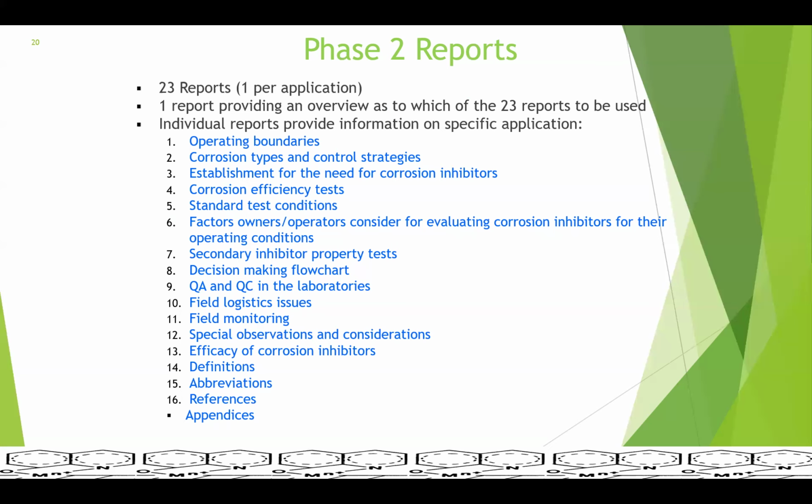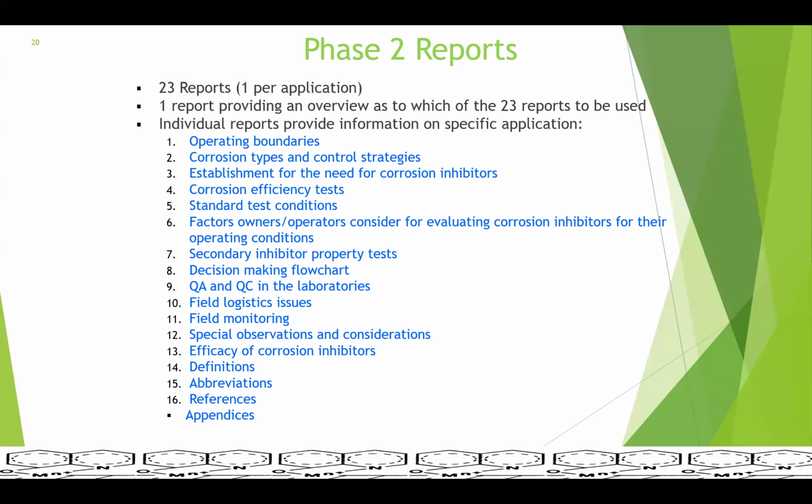All these things are important, but more important is the quality control and quality assurance in the laboratory evaluation, which is the first step in selecting a corrosion inhibitor. The establishment of precision is important, and that is emphasized in section 9 of the reports.